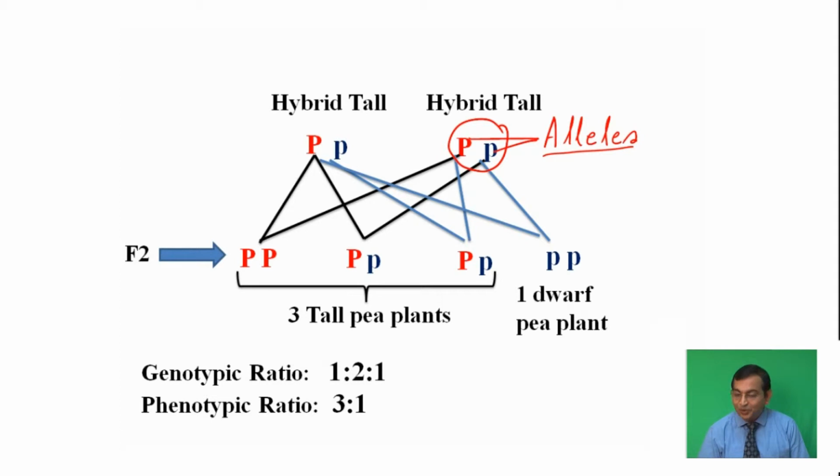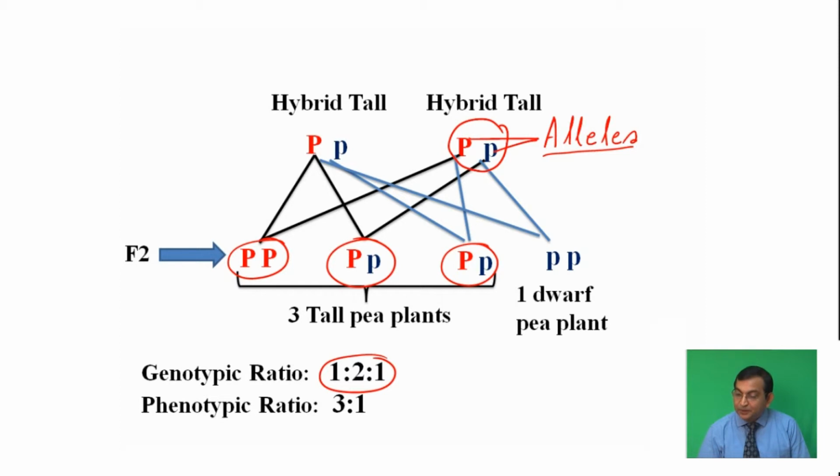There is also a genotypic ratio of 1:2:1, which indicates that there is 1 pure tall pea plant, capital PP, 2 hybrid pea plants and 1 pure dwarf pea plant.